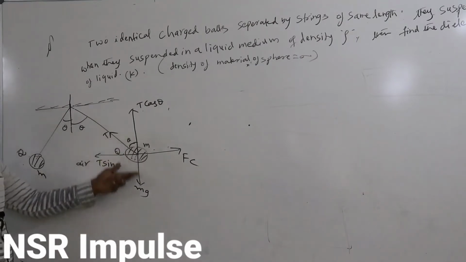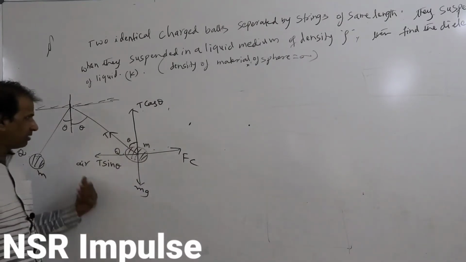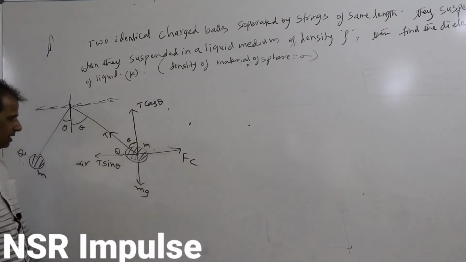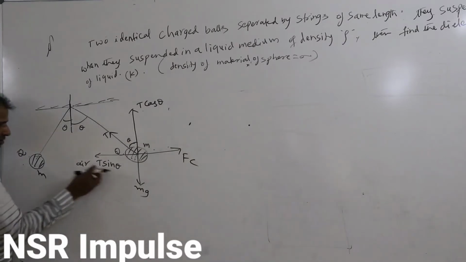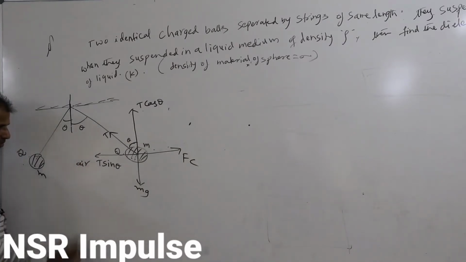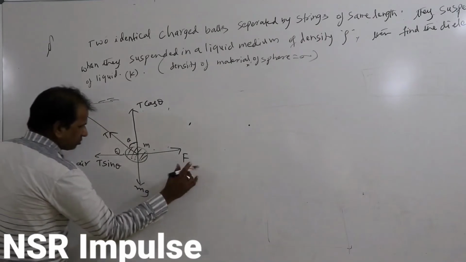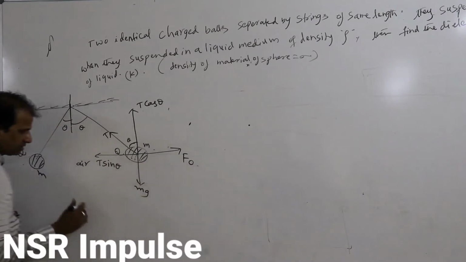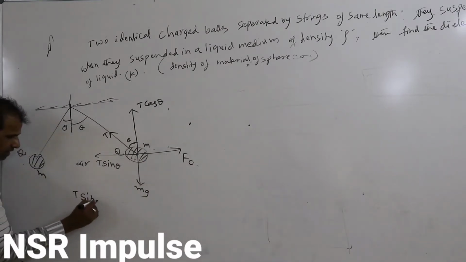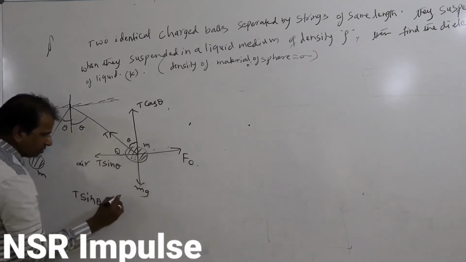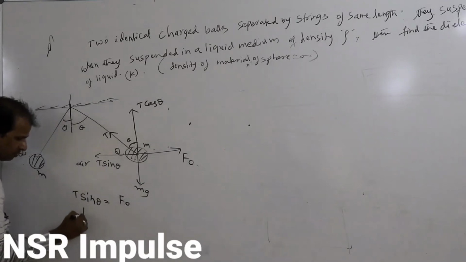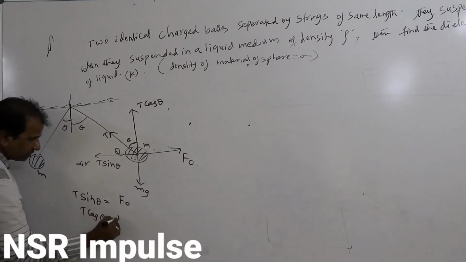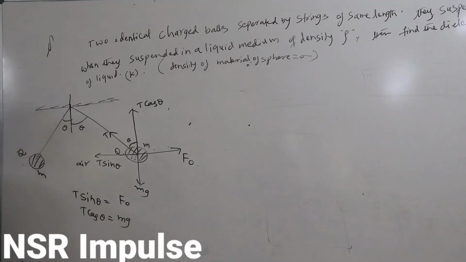To analyze the equilibrium condition in air medium, let us see. The charges are separated in air medium. So the Coulombic repulsion in air medium you can write as F0. T sin theta is equal to F0. T cos theta is equal to mg.